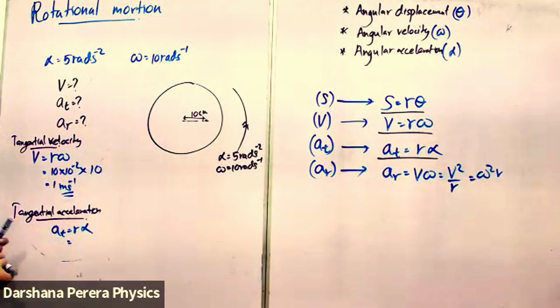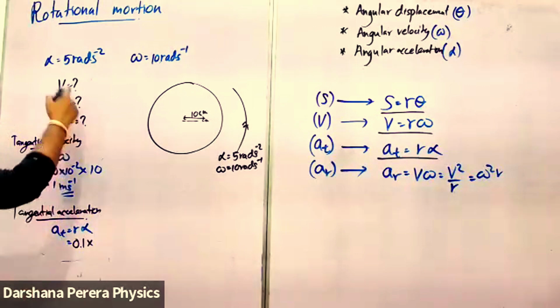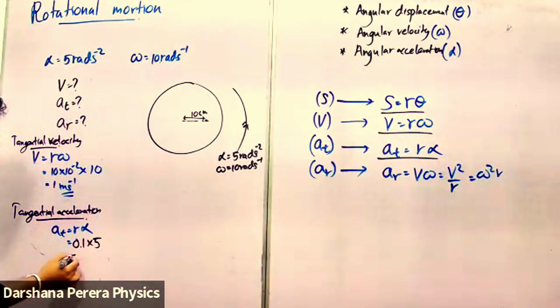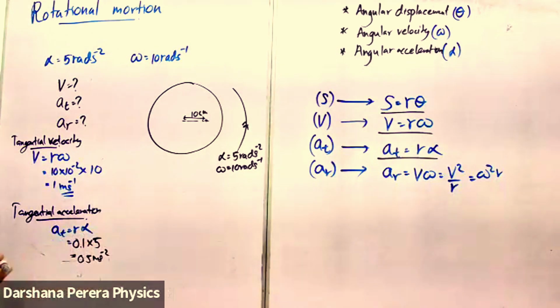R means 10 centimeters, that means 0.1 meter. Alpha means 5 rad s^-2. Therefore, a_T is 0.5 m s^-2.